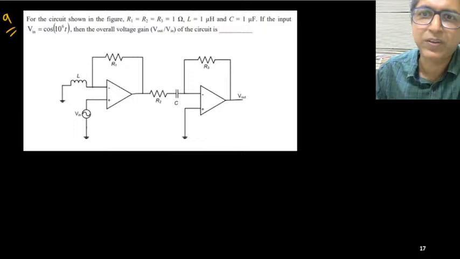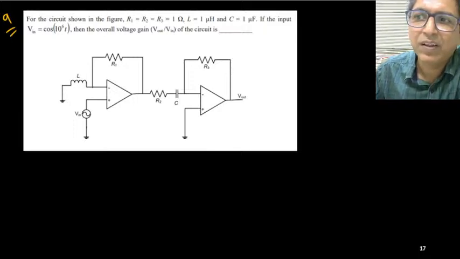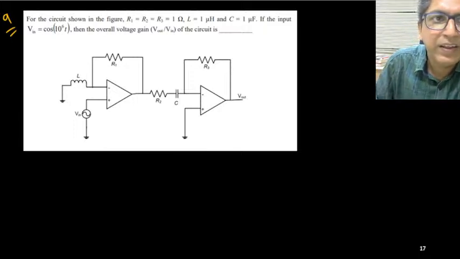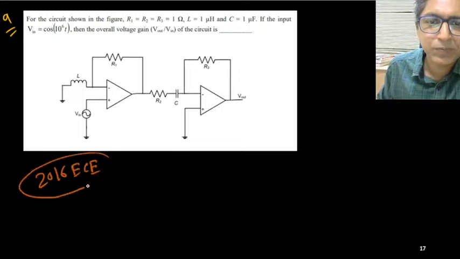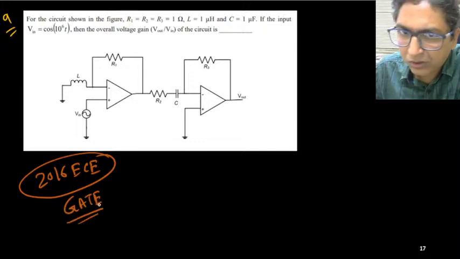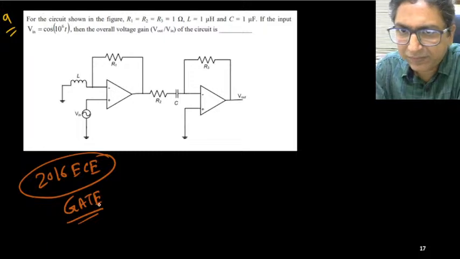A similar question appeared in GATE 2016 ECE. This is a GATE paper. So can you solve this thing?